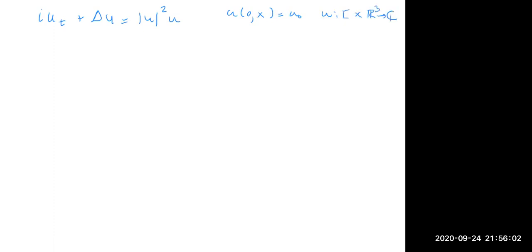Right now I is an interval, any interval, but we're ultimately discussing global well-posedness. So then, of course, I would end up being the whole real line.